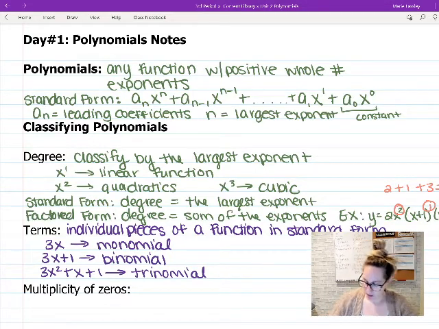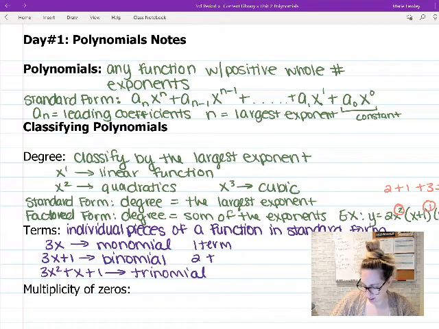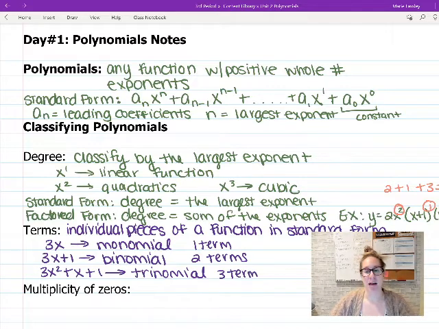So this is one term, two terms, three terms. Obviously they have names for ones that go higher, but these are the most important names to remember. I say the word binomial all the time because we square binomials a lot in this class, so you'll definitely hear me say that word.